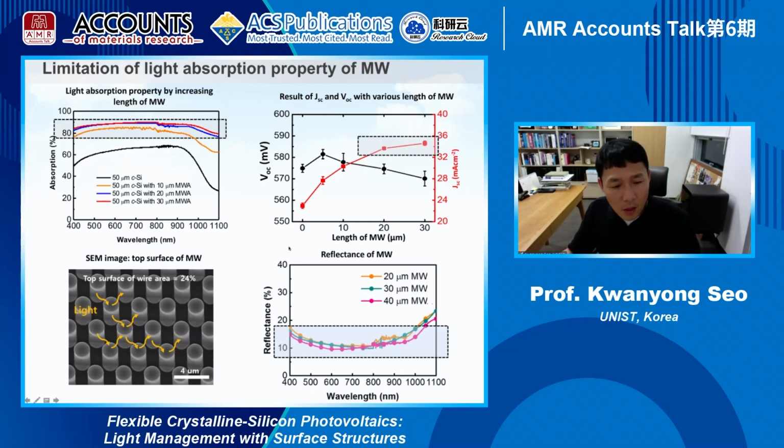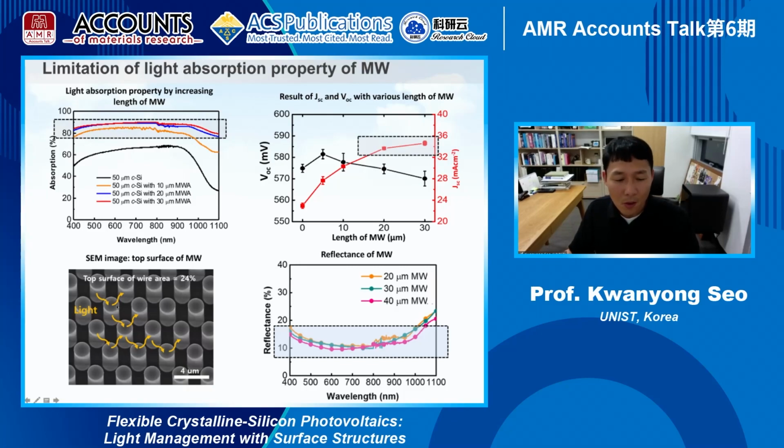Finally, we found the key problem of our structure, because initially we applied the cylindrical shape of the one-dimensional microwire structure. Still, there are flat top surfaces on all the microwires. So we estimated simply that the total surface area of this flat top area is 24%.